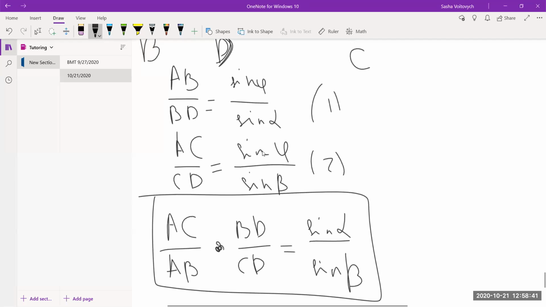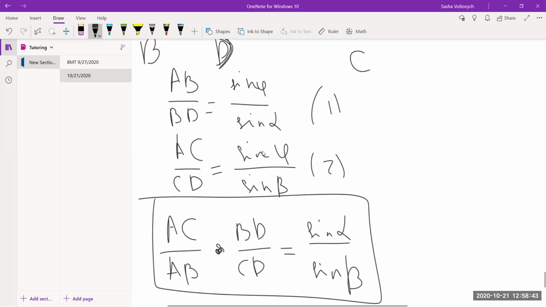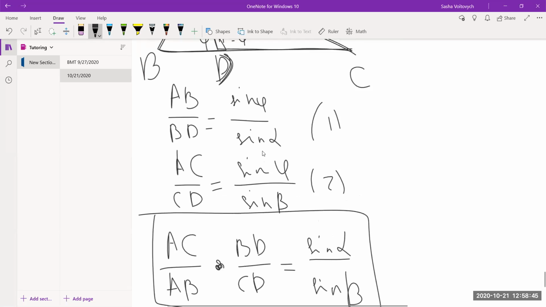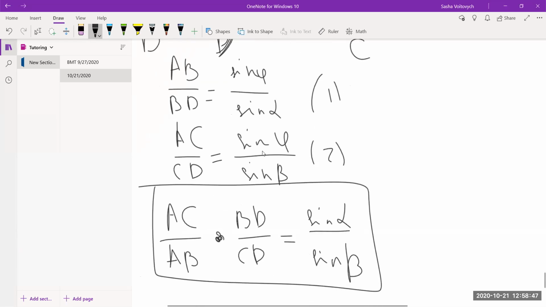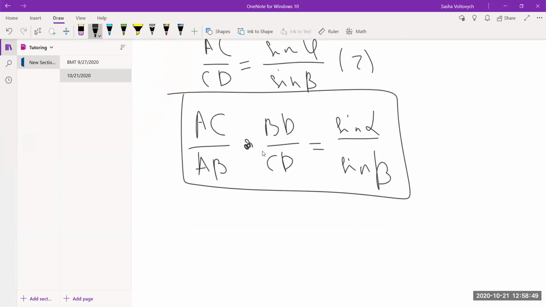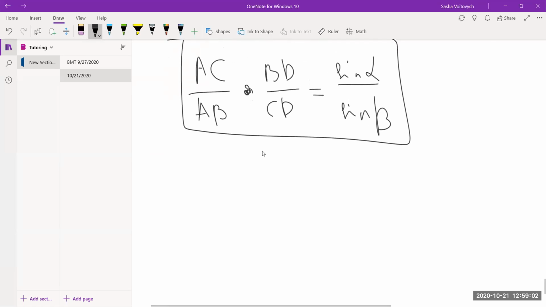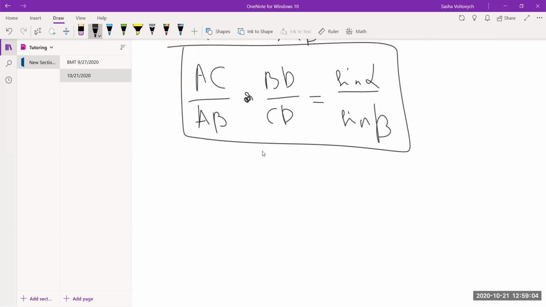So we note that if alpha is equal to beta, i.e. AD is a bisector, then we would have AC over AB equal to CD over BD, which is our lemma for a bisector. So we're going to use this statement for our triangle now. Why do we want to use this statement?